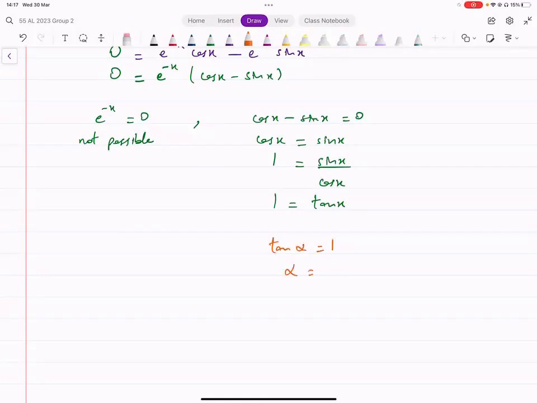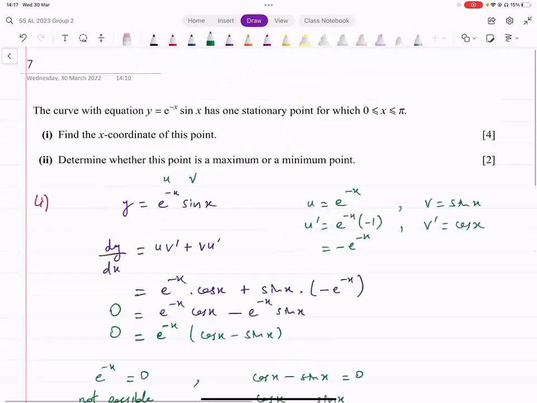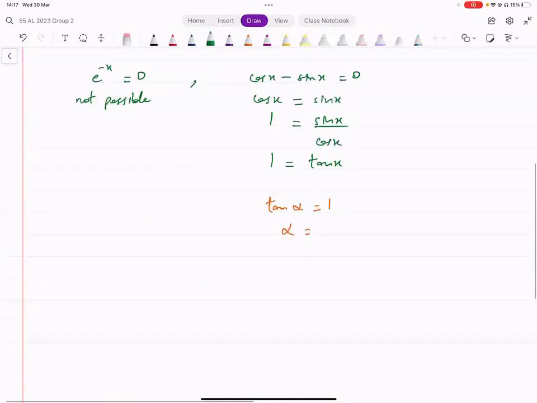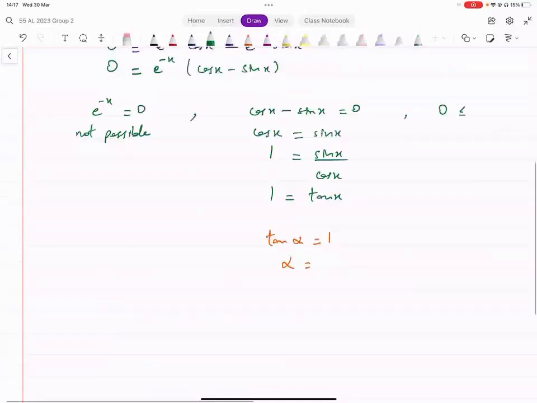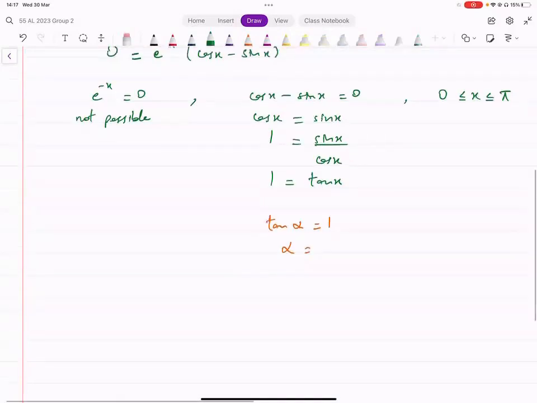The interval is from 0 to pi. We have to give our answer in terms of radians. Keep that in mind, it can't be in degrees. tan inverse of 1 is going to be pi over 4.